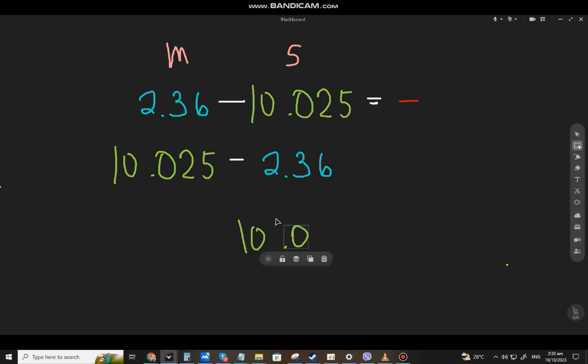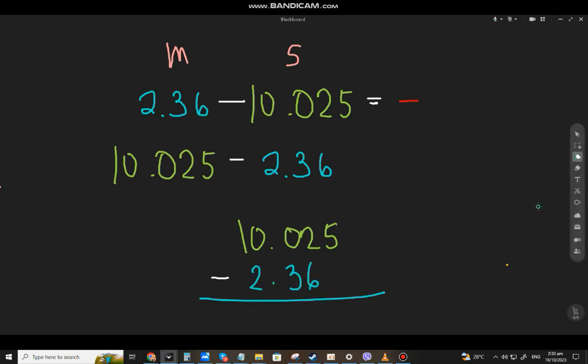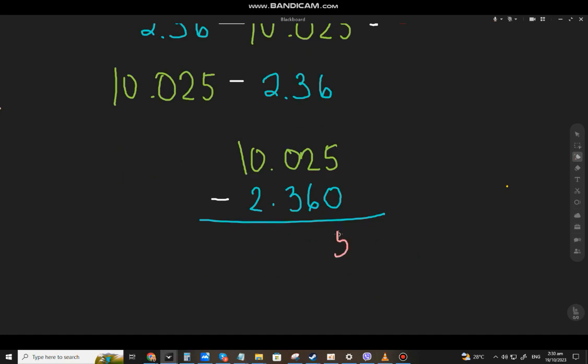Sorry, let me just write it again. 10.025 minus 2.36. Now, if there's no 0 here, you can put the 0 and you can subtract it normally. 5 minus 0, that will be 5. 2 minus 6, can it be? That will be 12. 12 minus 6, that will be 6.